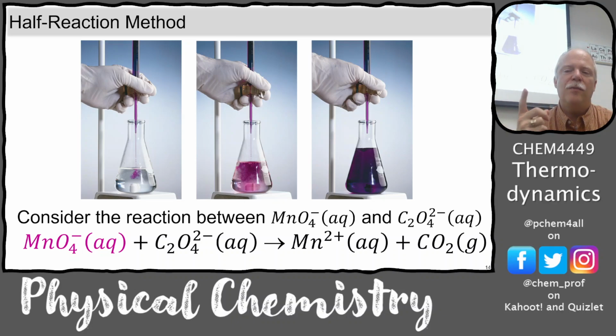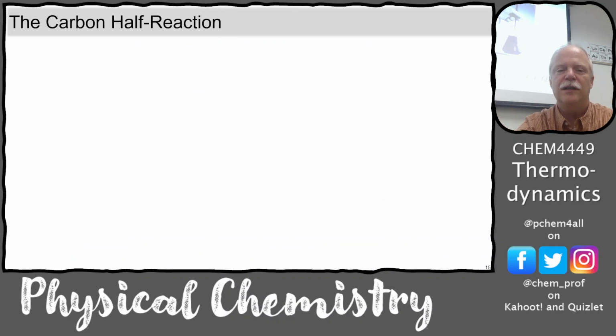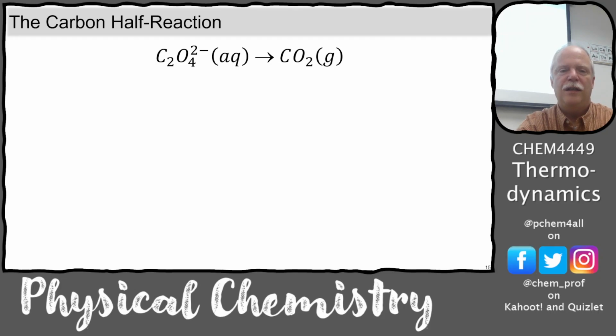Now, some reactions are what they call disproportionation. If we come across an example, I'll point it out. But most of the time, it's pretty obvious that you have these two half reactions. So here's the carbon half reaction, the oxalate ion going to CO2.